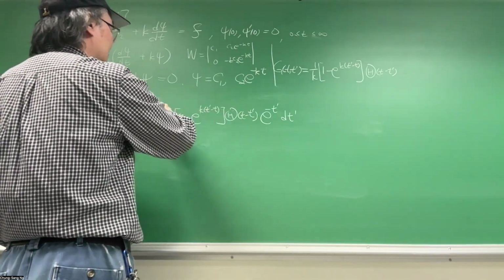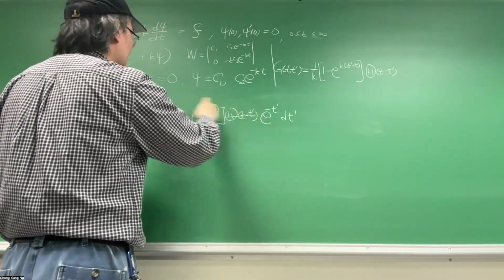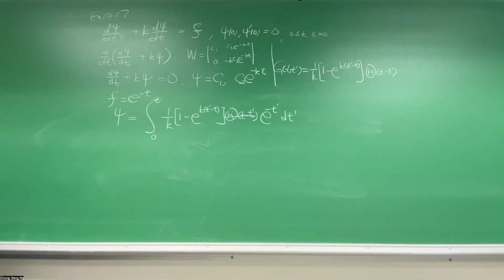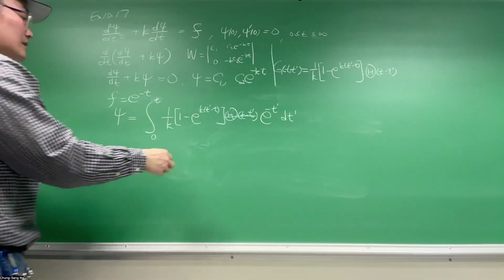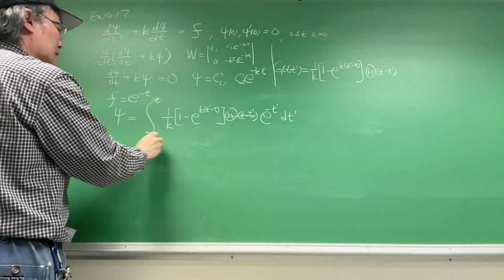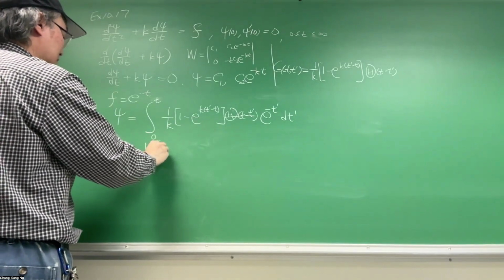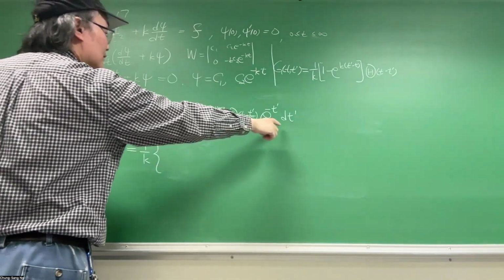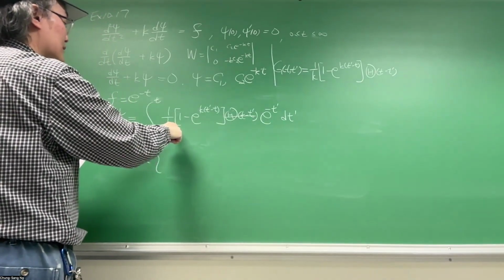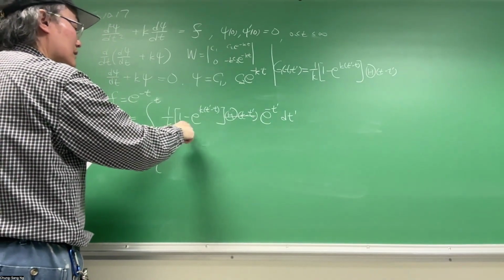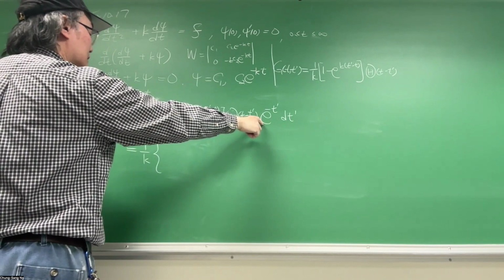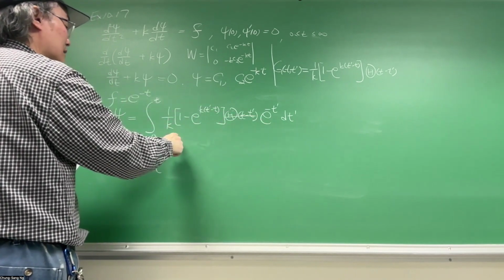You can get rid of this one by changing the upper limit. Okay, and so multiply out. The first term just gives you your e to the minus t prime.